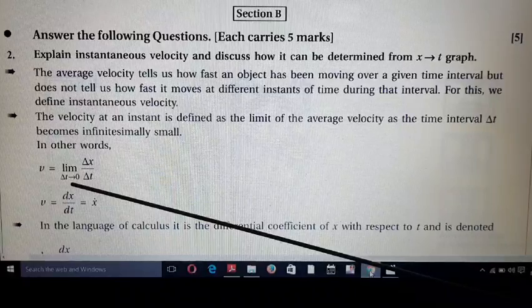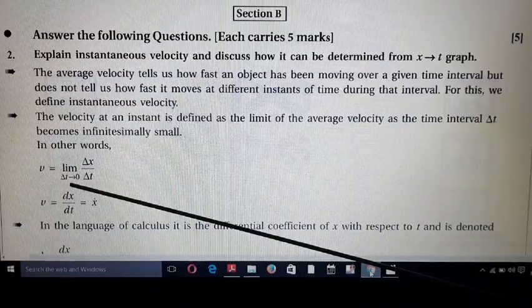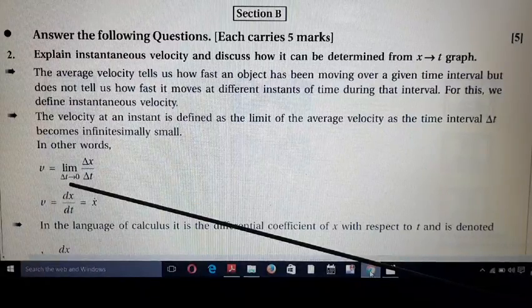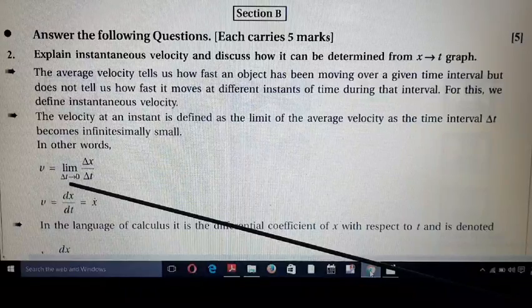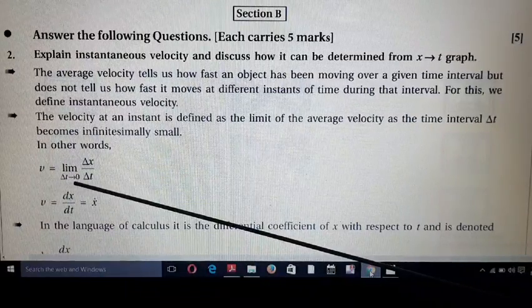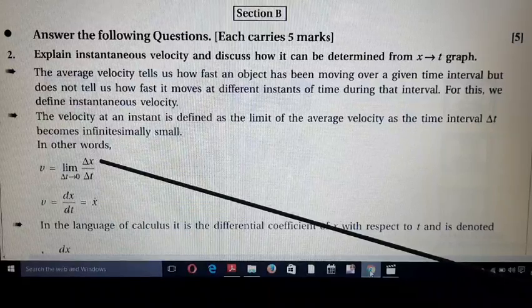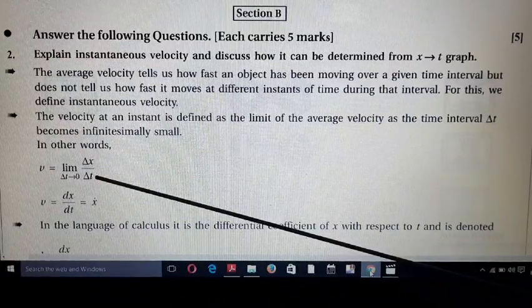Here, the meaning of limit delta t tends to 0 is that time is very small. Time is not 0, but it is very close to 0. And here delta x is the displacement and delta t is the time interval.